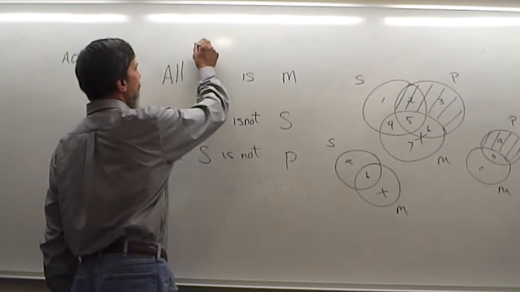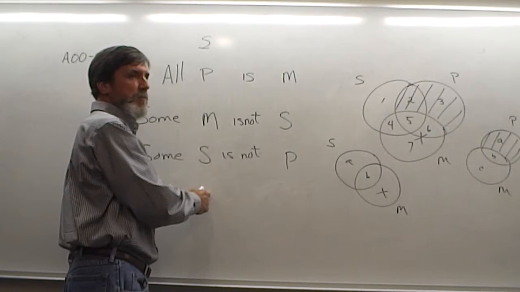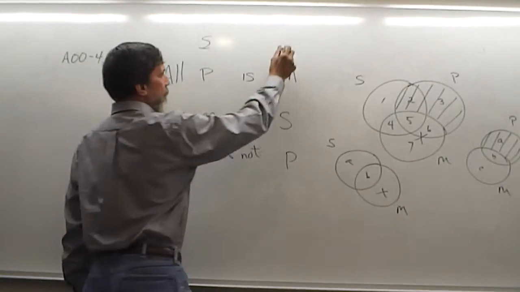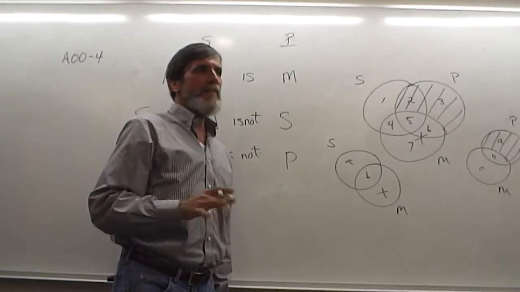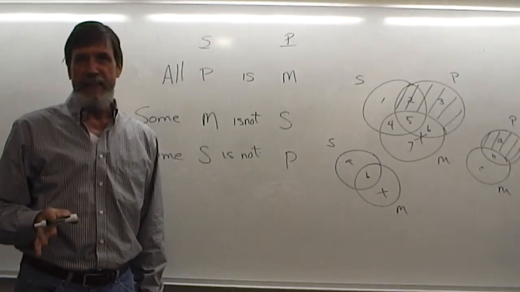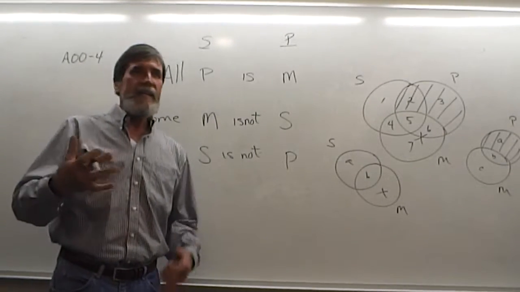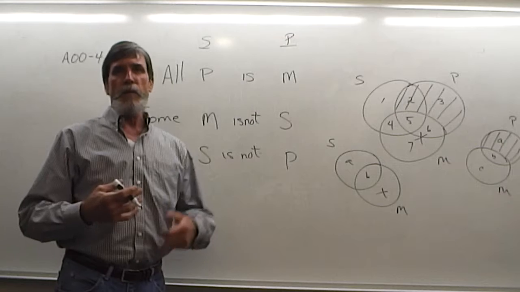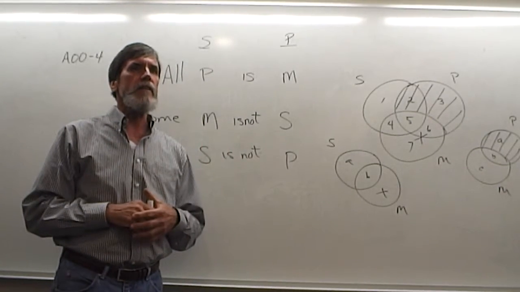And you have to keep in mind that whatever is in this position is the subject of that proposition, premise or conclusion. And whatever is in this position, I don't care what letter it is, it doesn't matter. Whatever is in that position is the predicate of that proposition, premise or conclusion. So that's why we learned that the subject term or the predicate term is distributed or not. It doesn't matter really what letter is there.